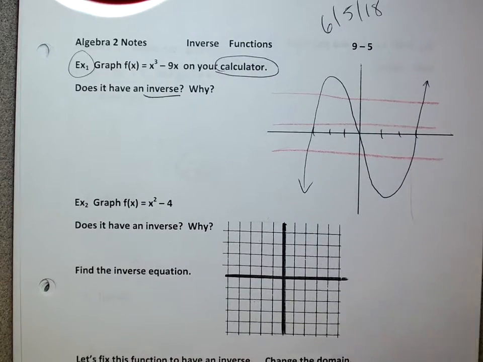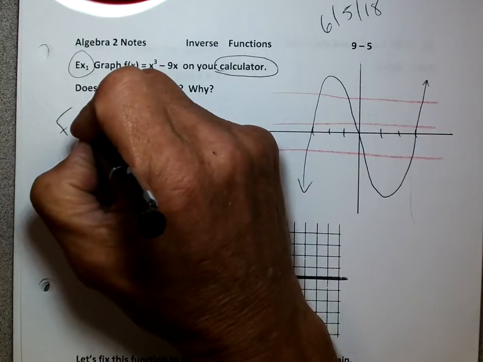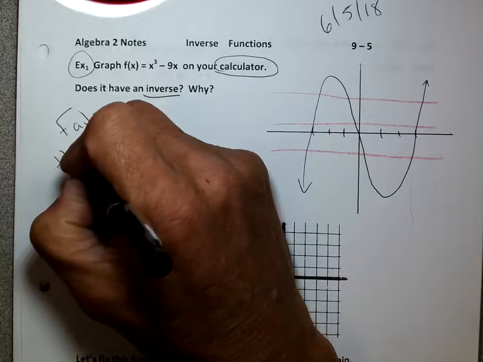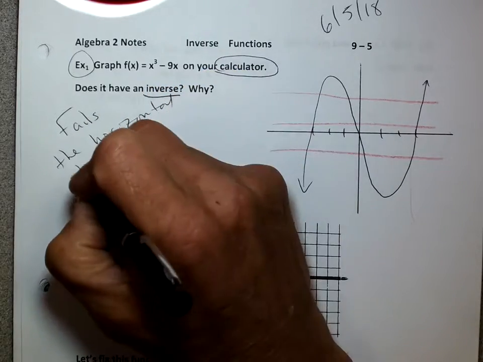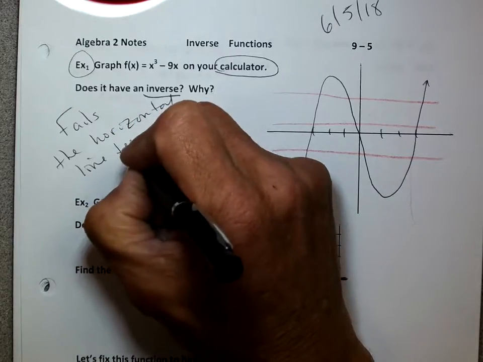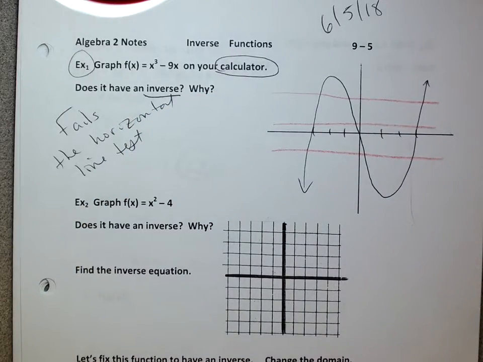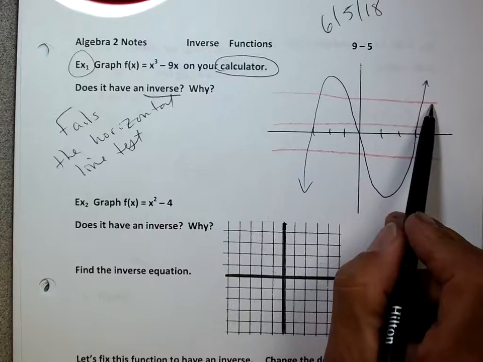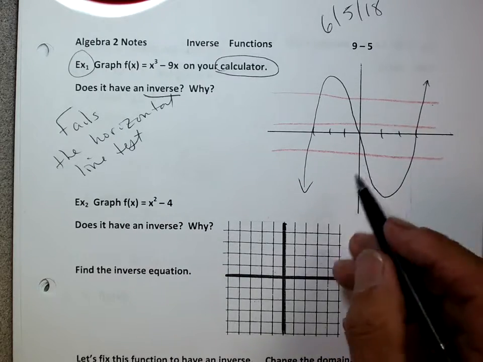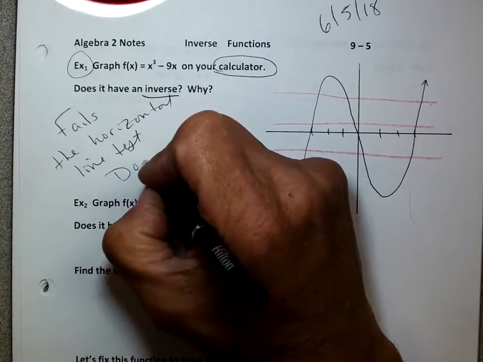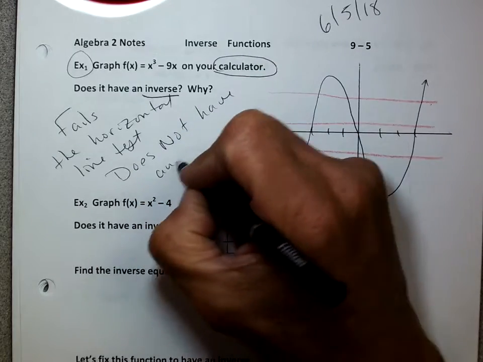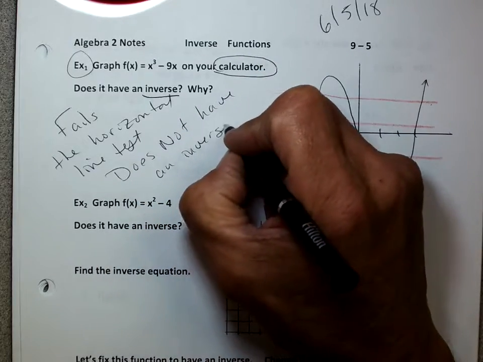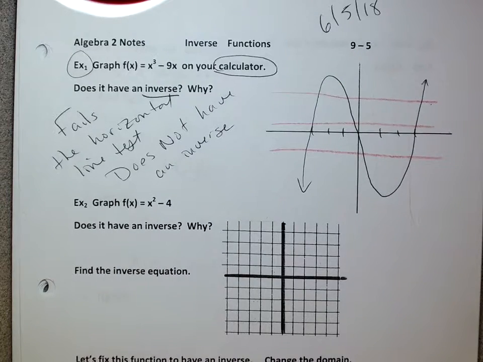So this one fails the horizontal line test. It hits it 1, 2, 3 times. It does not have an inverse, because it fails the horizontal line test.